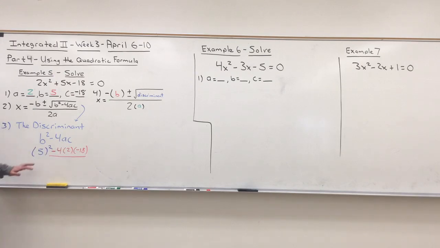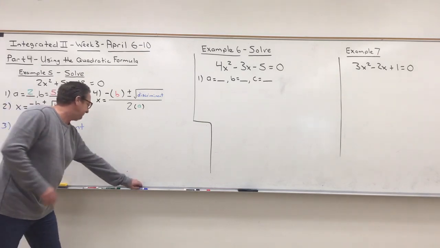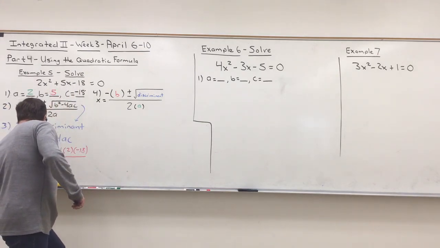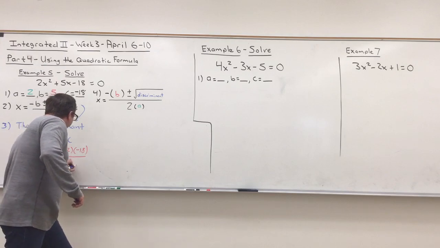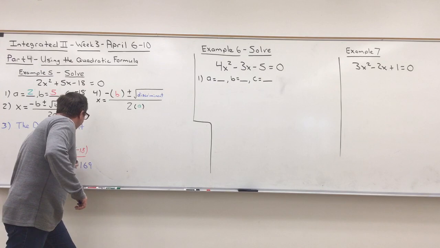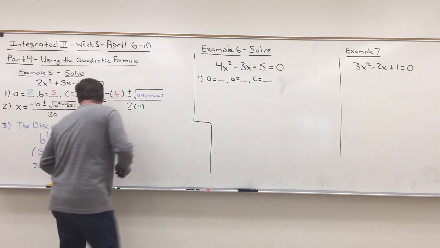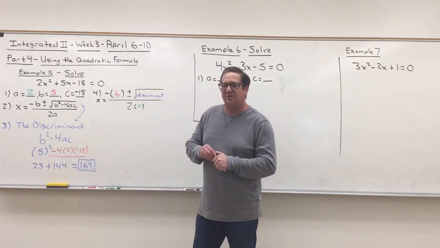But what I also mentioned is that here's my b squared, which will always be positive, and then I treat this as negative 4 times 2 times negative 18. Okay, so make sure you treat it as a negative 4. And if we do our problem, we get 25 plus 144. We get a discriminant of 169.